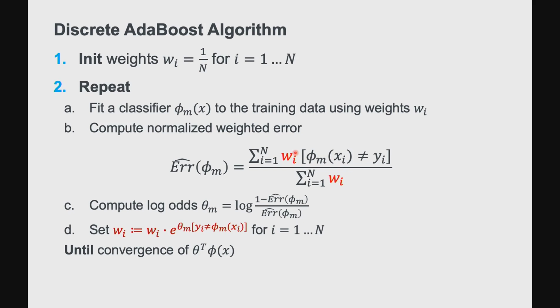And rather than dividing by n, we divide by the sum of all the different weights to get a normalized error rate. Initially, if w_i is 1 divided by n, and we sum this up over all n, this would be a division by 1. Not super interesting, but of course when we increase the weights, then we have to normalize again.